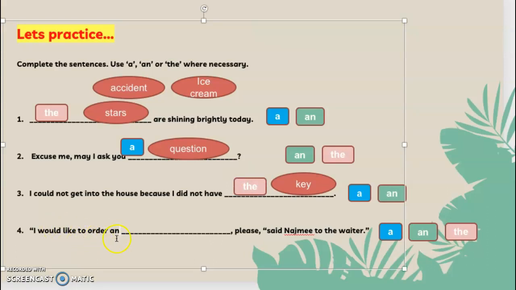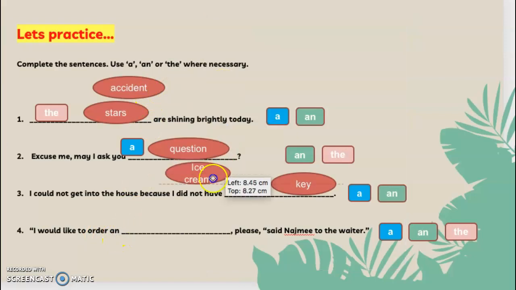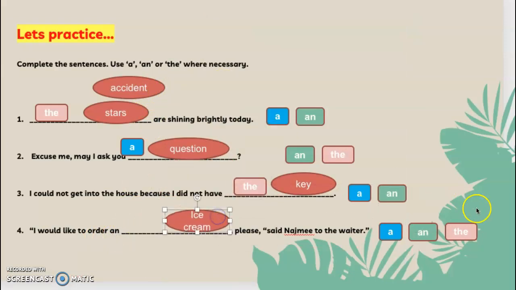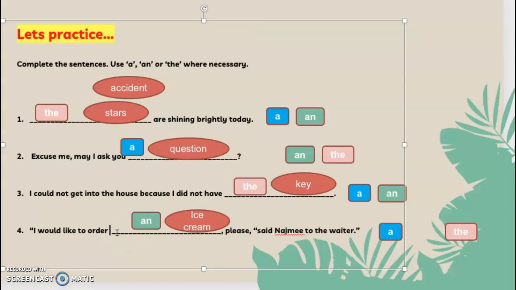I would like to order an ice cream. So there shouldn't be any N here. "I'd like to order an ice cream, please," said Najmi to the waiter. That means an, because ice cream starts with the letter I.